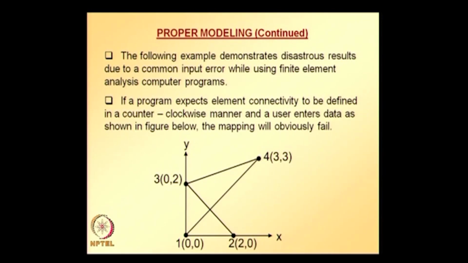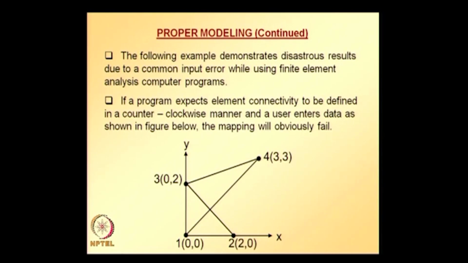To demonstrate that, an example is given here. Actually it is a 4 noded quadrilateral element, but taking the counterclockwise direction, the node numbering should be 1, 2 and after that 3, 4. But here, if you see, the node numbering in the counterclockwise direction is 1, 2 and 4 and 3.